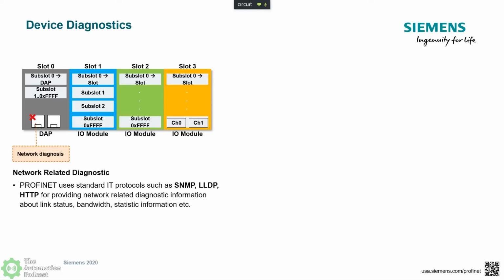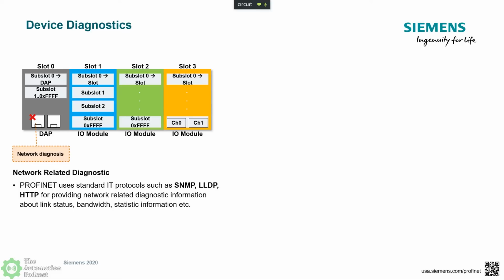The network-related diagnostics use standard IT protocols like SNMP, which stands for Simple Network Management Protocol, or LLDP for Link Layer Discovery Protocol, or HTTP, to provide information about link status, bandwidth utilization, some statistic information.